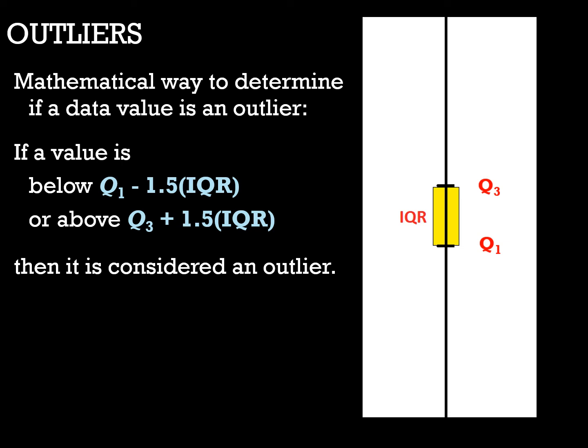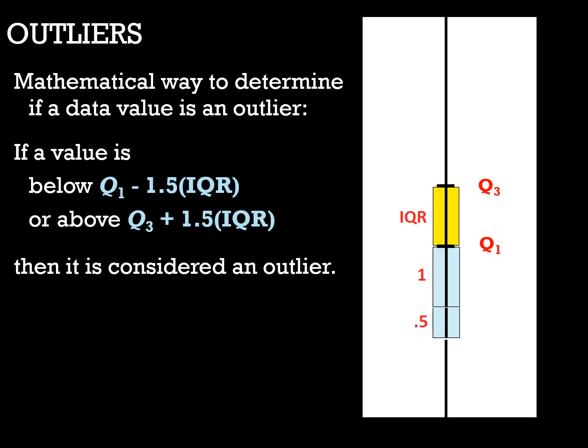So let's see if we can visualize this. Over to the right, you see the IQR. Let's look at the one below. It says if a value is below Q1 minus 1.5 IQR. So see that yellow little box? We're going to take that and multiply it by 1.5.